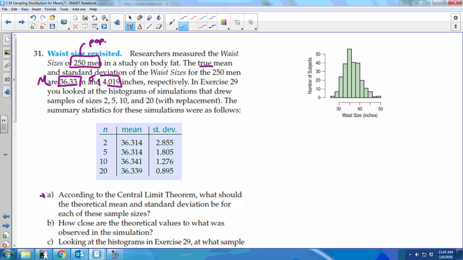So if we were to identify the mean and standard deviation for our sampling distribution model, no matter what the sample size is, where would we assume the center is going to be? I mean, they gave us 36.33.